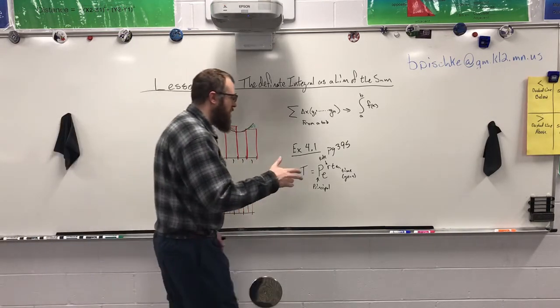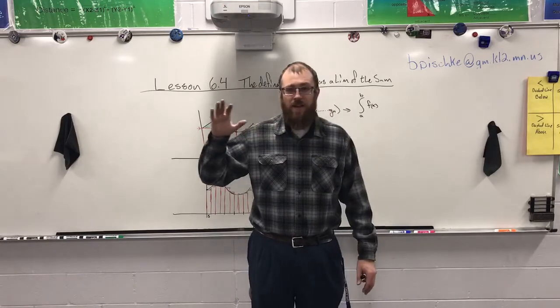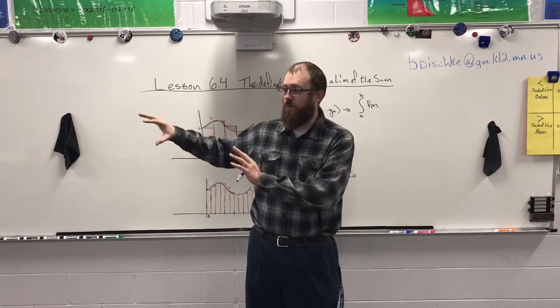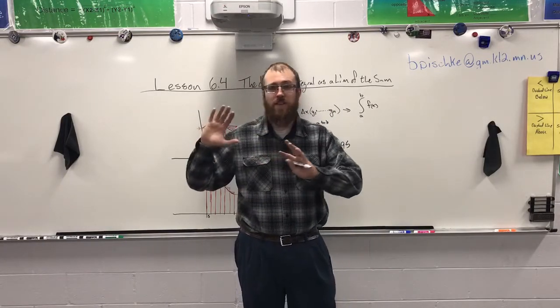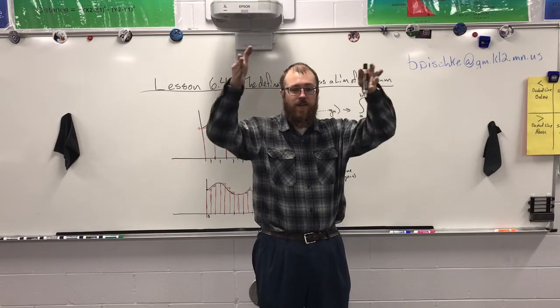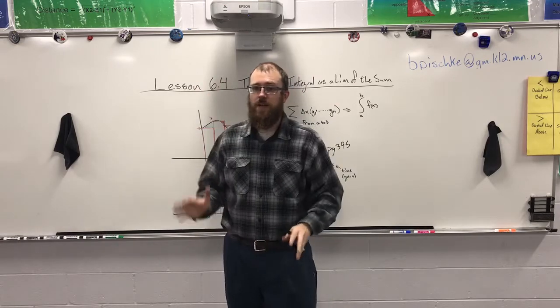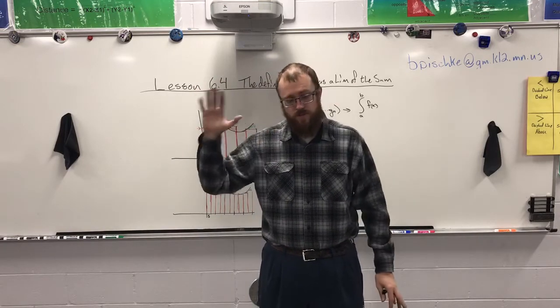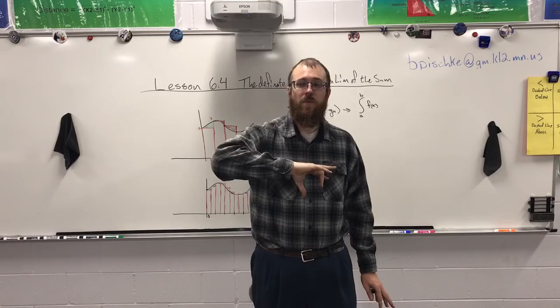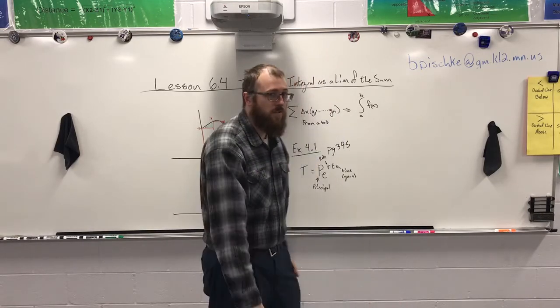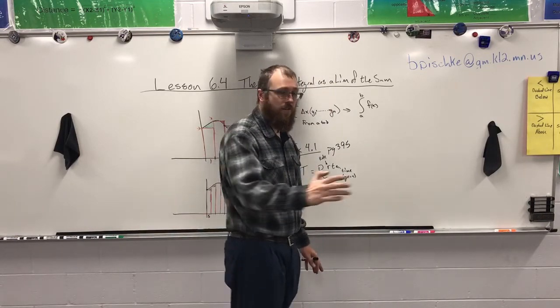Now, the issue that we ran into before, when we were doing problems like this, is we had to do them in multiple parts. We had to say, okay, this is year 1 and this is year 2. Now, we don't need to do that if we use our compound continuous formula and we use integrals to find that entire region.